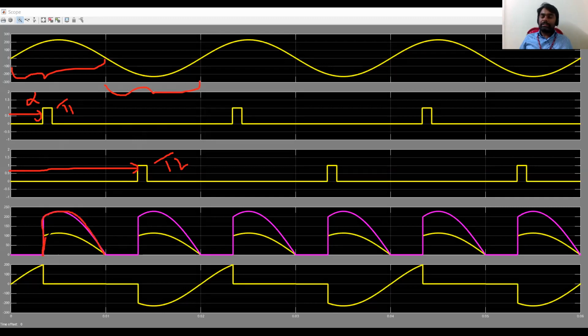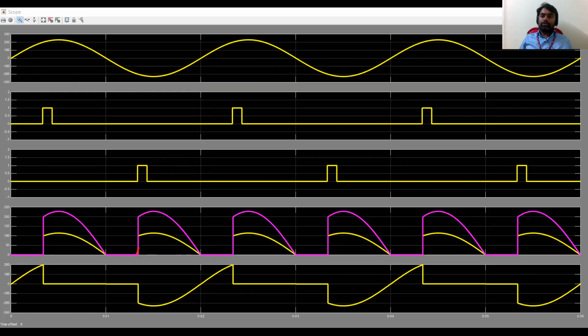Since the load is resistive, voltage and current are in phase, and from here onwards T2 and D1 come into picture, they will conduct and you will get the voltage across the load and current to the load like this. So you can see here, since it's a resistive load, the current and the voltage are in phase.